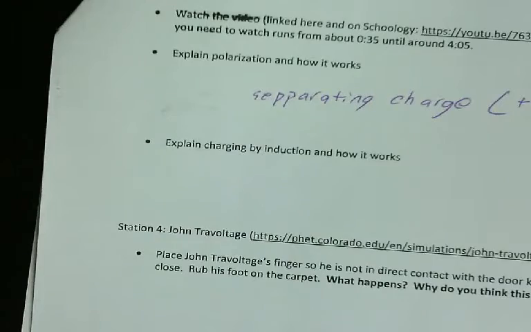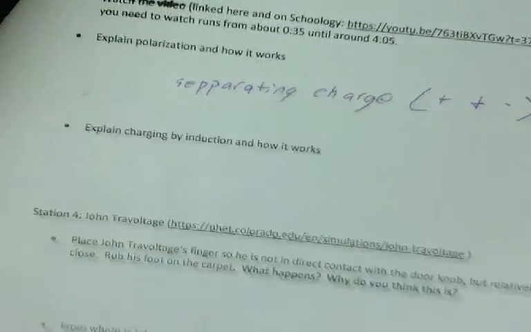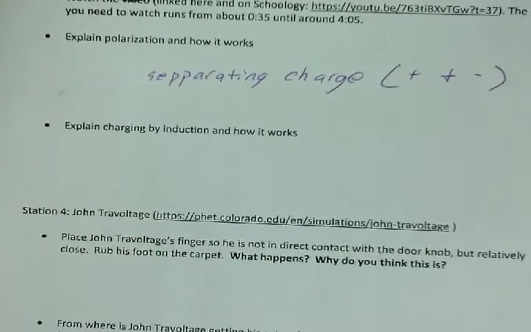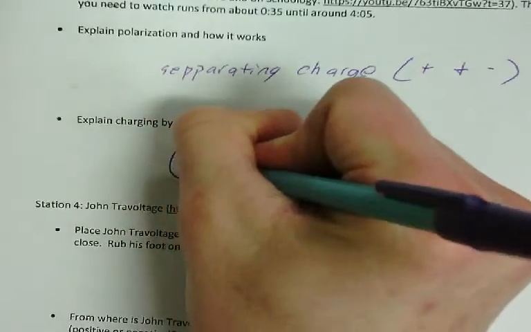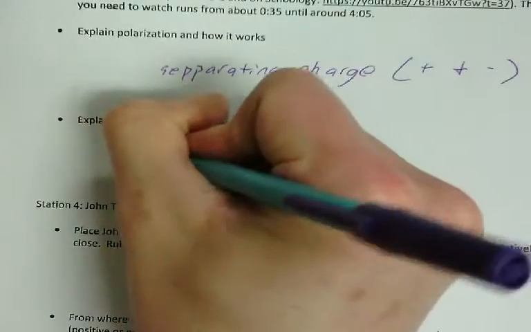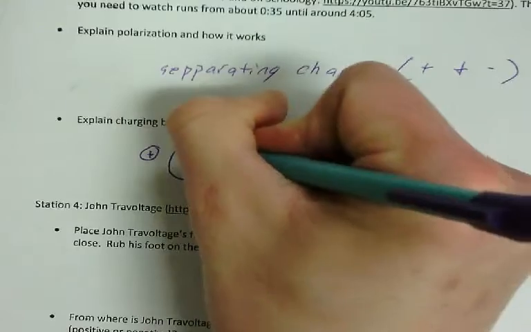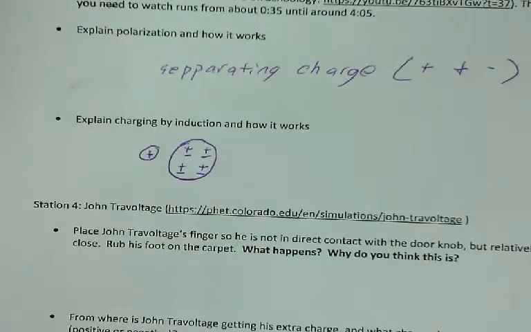Okay? So, Solus, tell me about induction. How does induction work? You start with a charged object near the initial object. Well, the first object is near the second object. Now the third object comes to the second object, and it's pulled away, and the second object is charged. Okay.